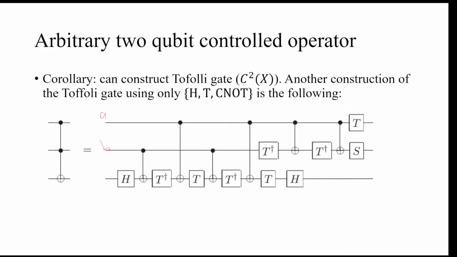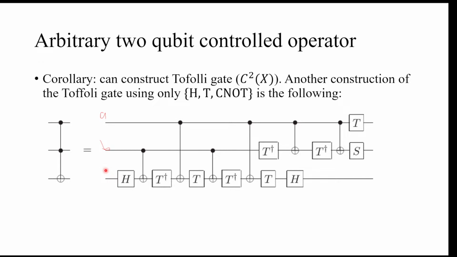A and B here will stay A and B, you just get some phase sometimes. And so this is Toffoli, you can verify it's actually the Toffoli gate. And it's nice because it comes from this universal gate set of Hadamard, T and CNOT.